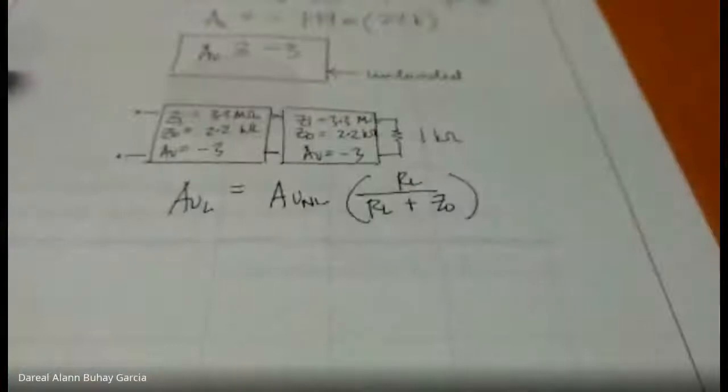Plus just the unloaded parameters. Previously, we've known that the loaded voltage gain is equal to AVNL times RL over RL plus ZO, the output impedance.